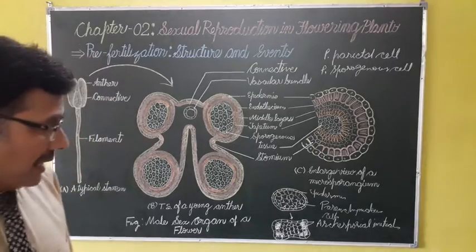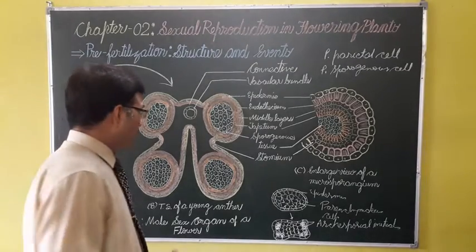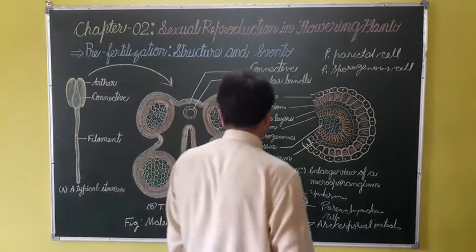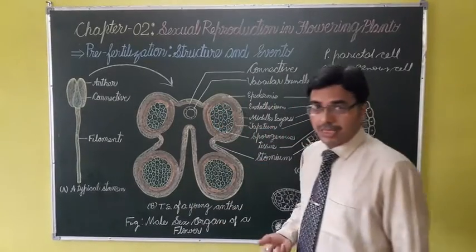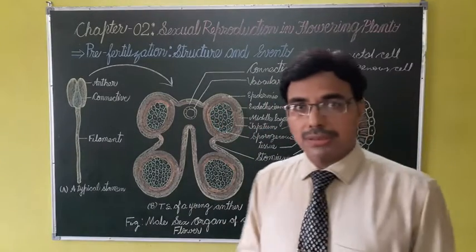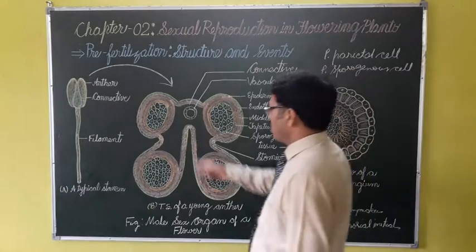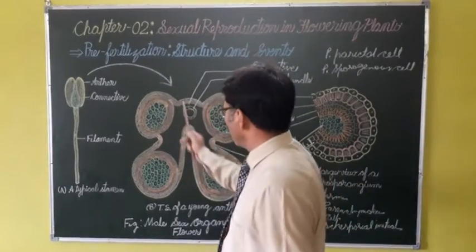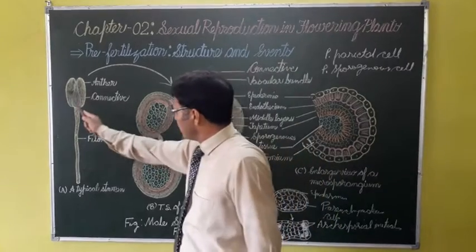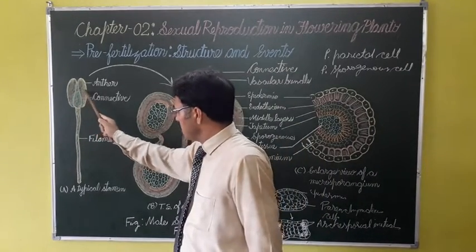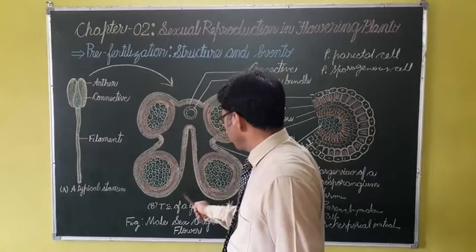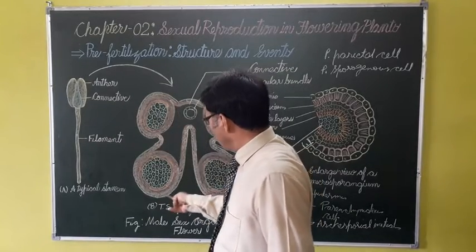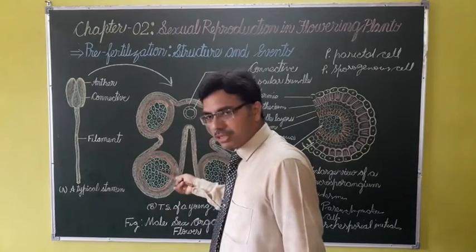What is important, which we must understand, is that in a typical anther there are two lobes. One is this one. I have drawn one lobe, this one, and this is the other lobe. One lobe has two microsporangia.